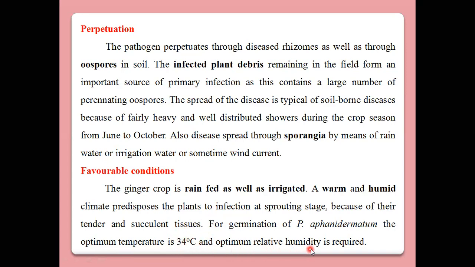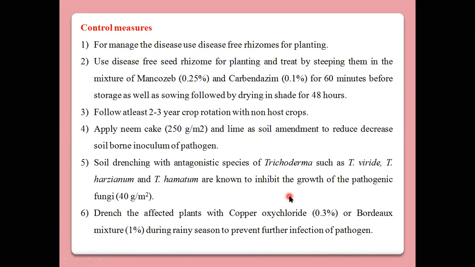The optimum relative humidity is 60 to 80% maintained in the atmosphere. So these are the parameters to be considered for development of Pythium in ginger plants and production of rhizome rot symptoms.